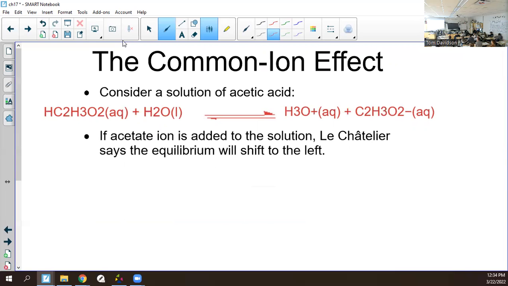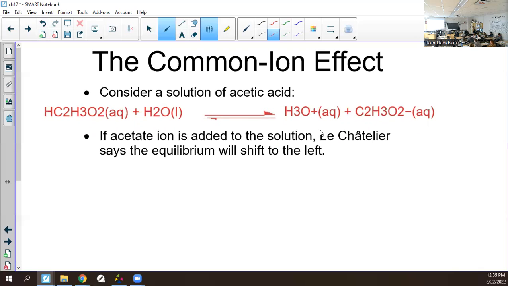Please stick with me. Considering this equation, we have acetic acid plus water goes to hydronium plus acetate. Now, this is a weak acid, so it doesn't do this very much, but it does it enough that we know vinegar has a certain pH.